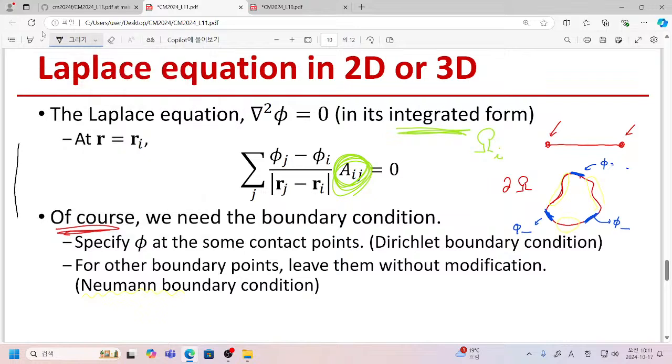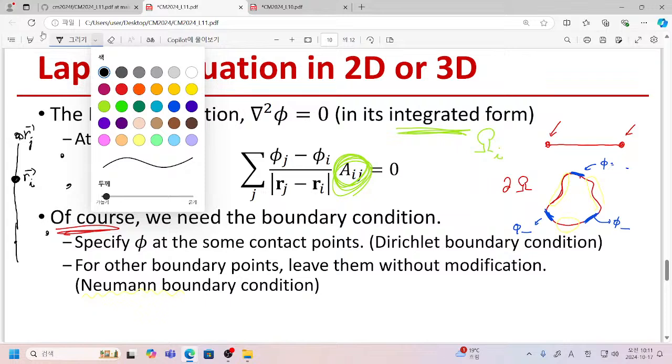this point. Let's say that this is your R sub I. And now you have surrounding points. Please place some surrounding points corresponding to your R sub J's. Then please just imagine what happens when you apply your divergence theorem to this surface case.